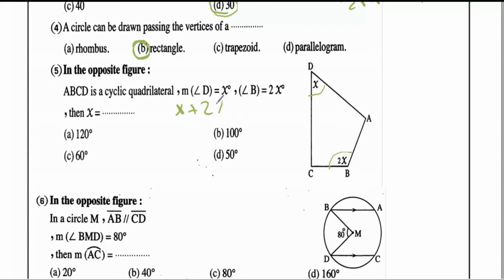So X plus 2X equals 180. So you have 3X equals 180 degrees. So X equals 180 divided by 3 equals 60 degrees.